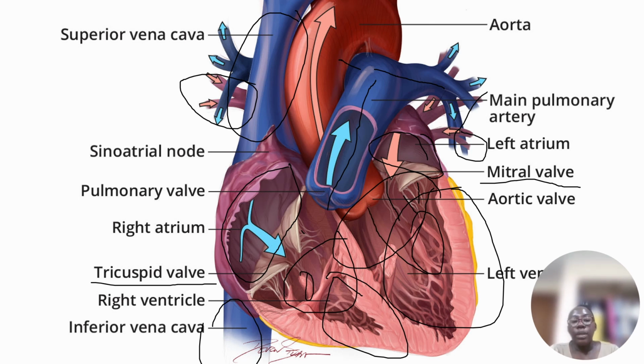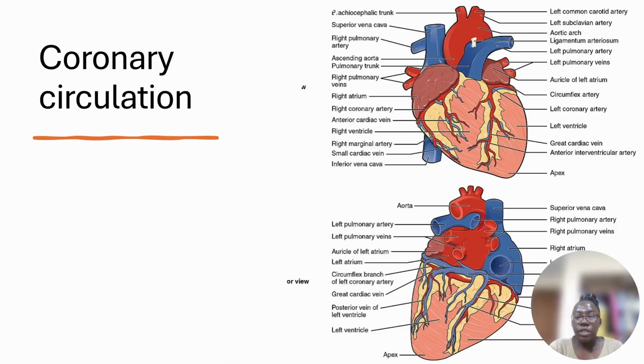But we know that the heart is also a muscle. We study it, the cardiac muscle, and muscles are made of cells, and the cells of the heart also need oxygen. That is why we have the coronary circulation.